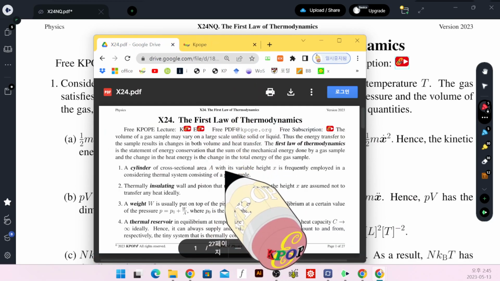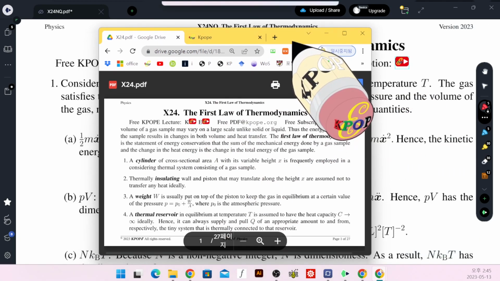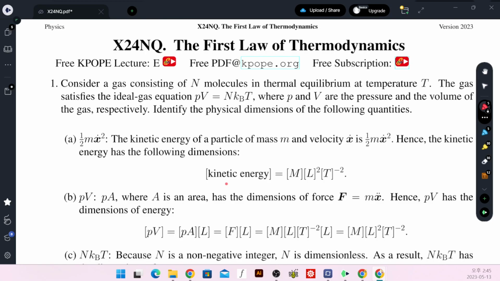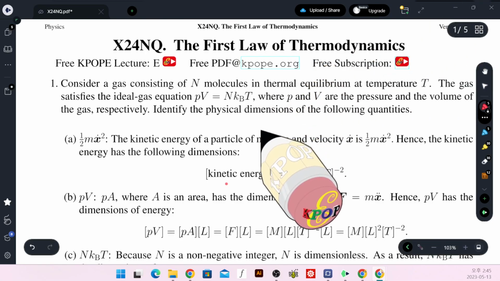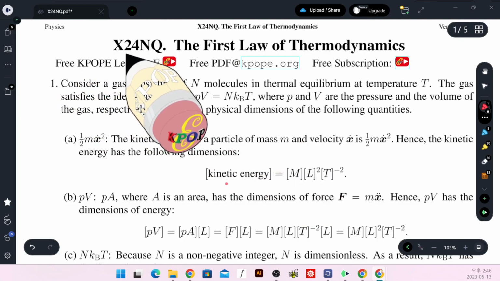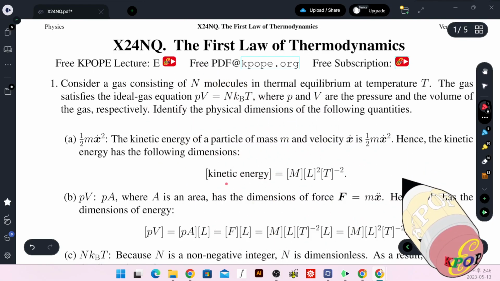Okay, so let's begin with the X24NQ. If you are good at physics, you can directly attack the problem set X24Q. All right.